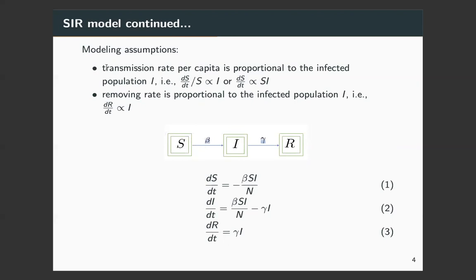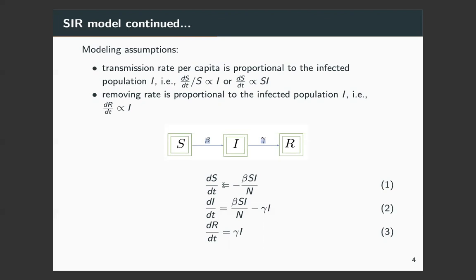The first assumption is that the transmission rate per capita, which is dS/dt divided by S, is proportional to the infected population, I. So in other words, dS/dt will be proportional to S times I. This relation is formalized in equation 1 here.